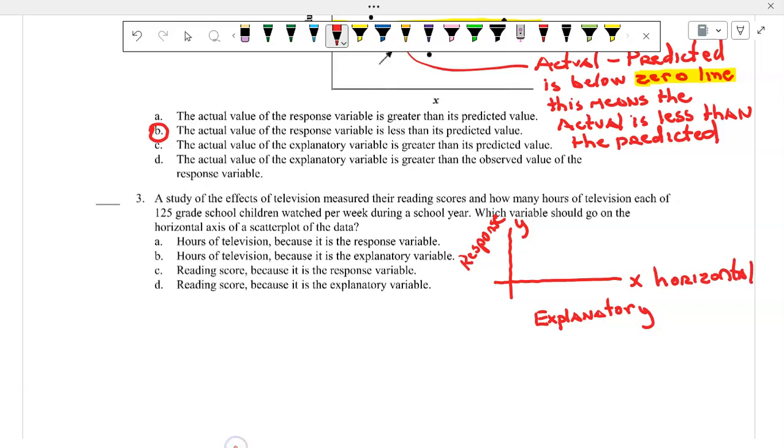So what this study is trying to do is to show that the number of hours watching TV has some sort of influence on reading scores. So your hours of TV, that's your explanatory, and that would go on the x-axis. So the number of hours of television, because it is the explanatory variable.